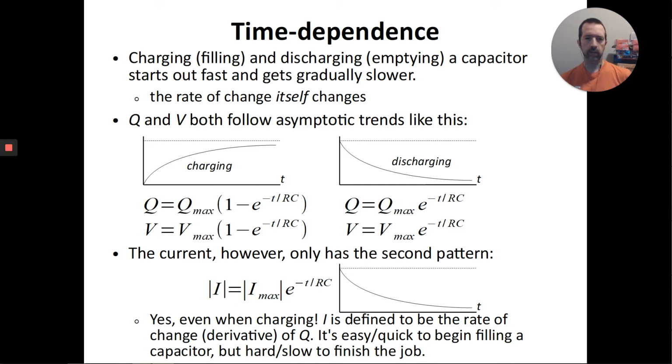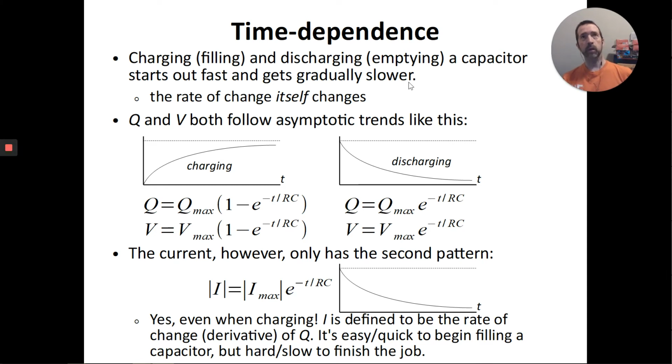You would have seen that it takes a short amount of time for the capacitor to completely fill up or to completely empty itself. Both of those processes, the charging and the discharging, start out fast because the beginning of the process is easy, effectively, and they get slower and slower as you go because the process gets harder and harder.